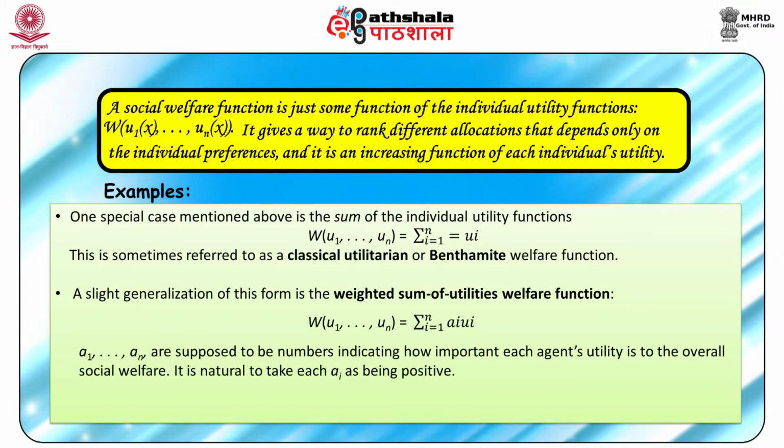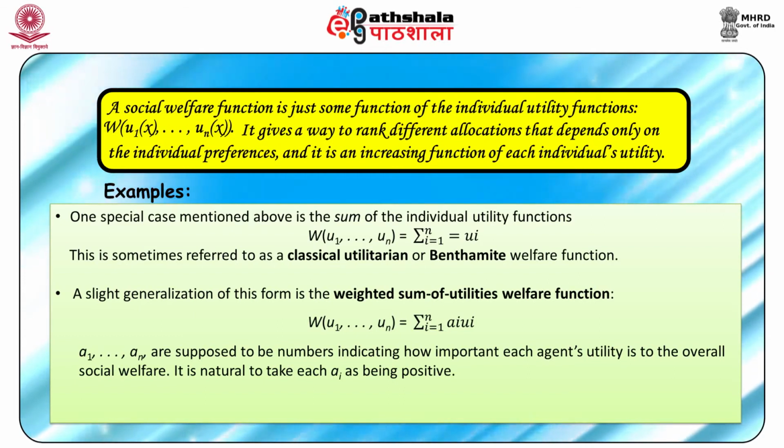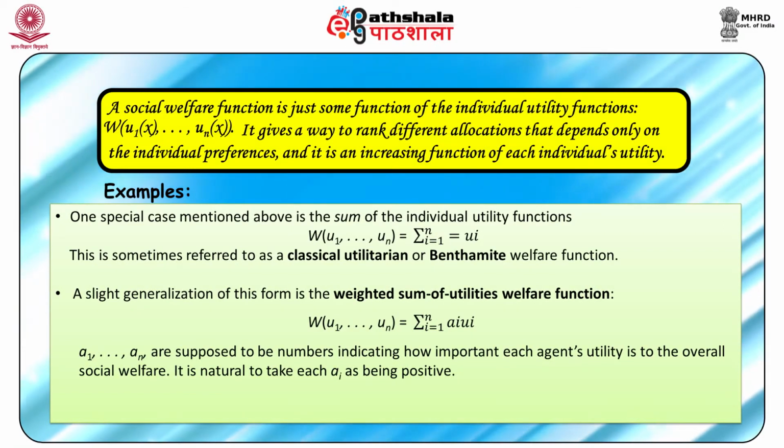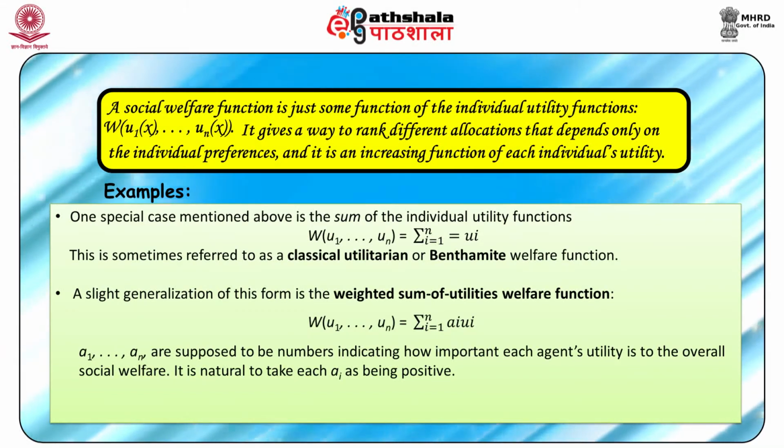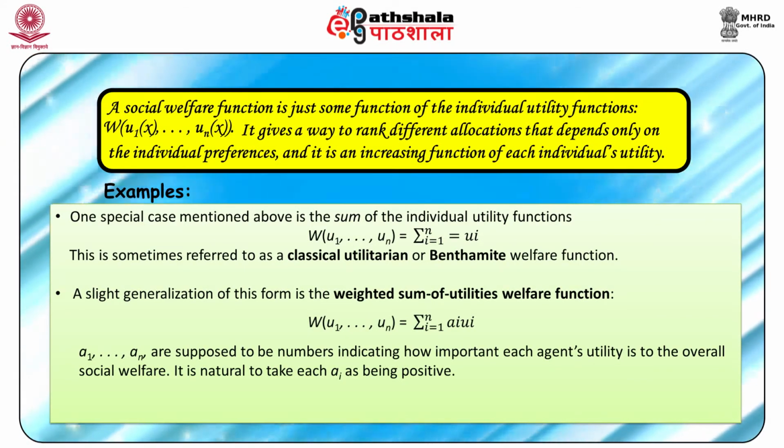Let us look at some examples. One special case mentioned above is the sum of the individual utility functions. That is, W(u_1, ..., u_n) equals the sum of u_i for i equal to 1 to n.